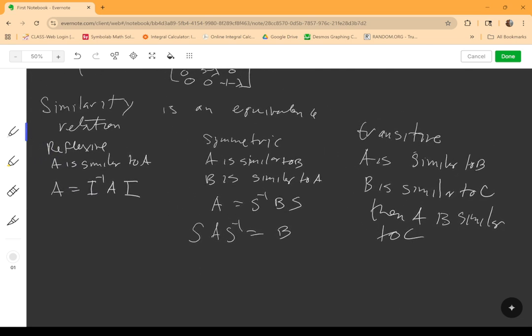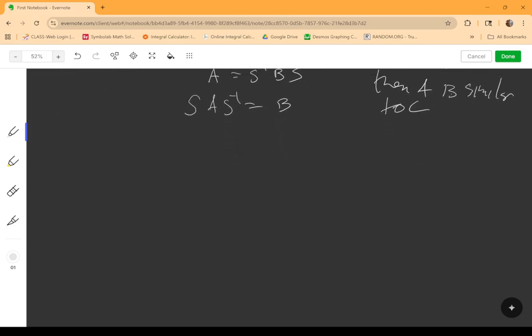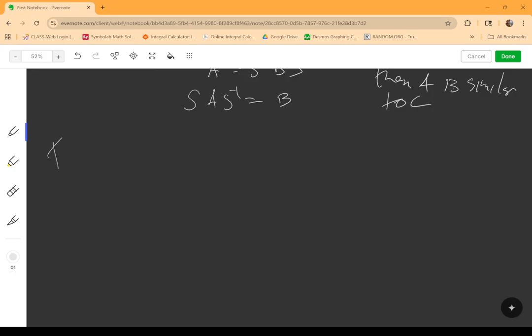But more importantly, they are in the same class, so they share important properties. And one of those important properties comes from this next theorem.